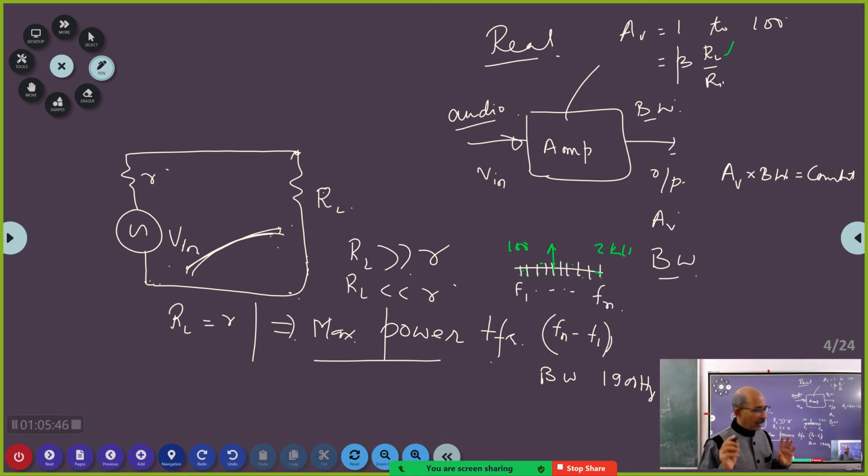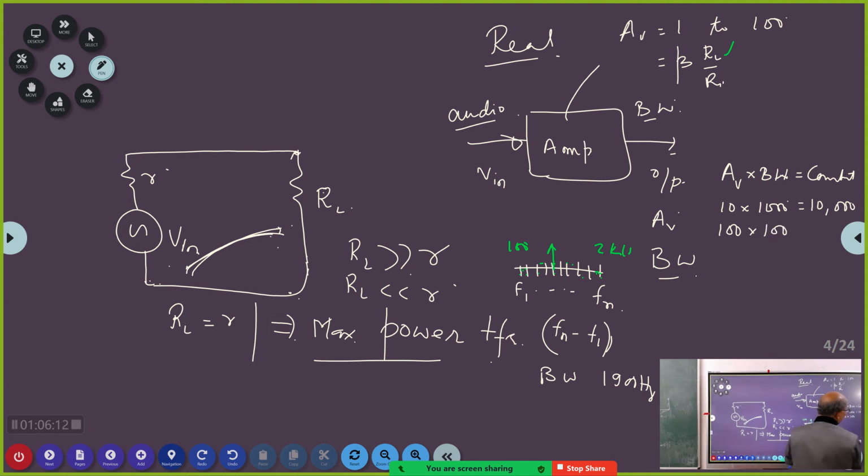Got it? That means, now you see, I have made an amplifier configuration. Say, now if you are taking a gain of 10, then you can have a bandwidth of 1000 Hertz. So 10 into 1000 will be 10,000. This is a constant quantity. Now what it means is, if I make the gain 100, then I have to sacrifice the bandwidth.